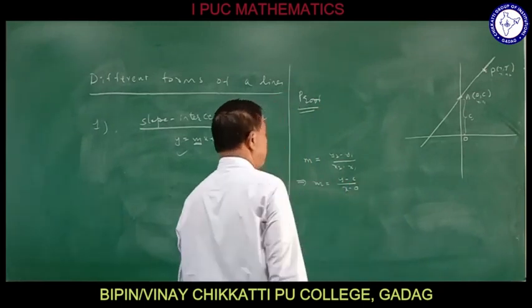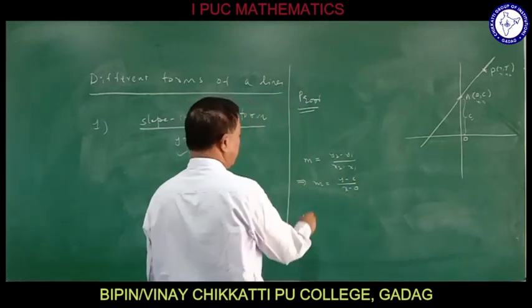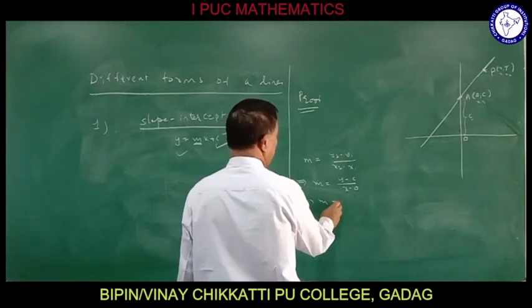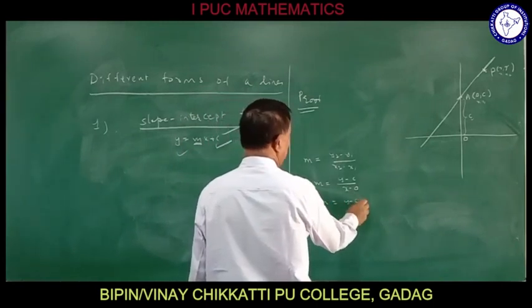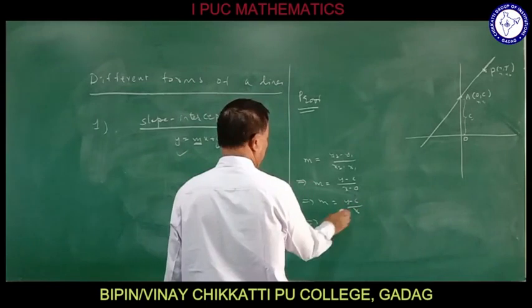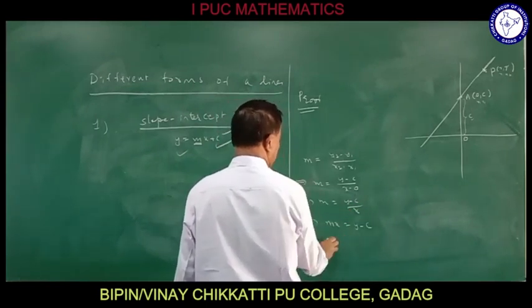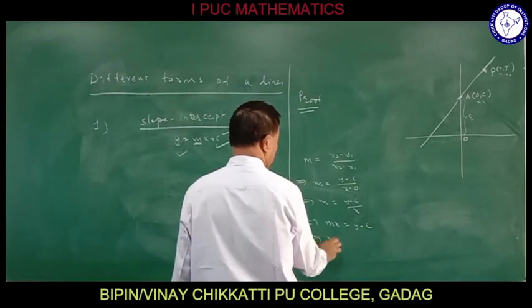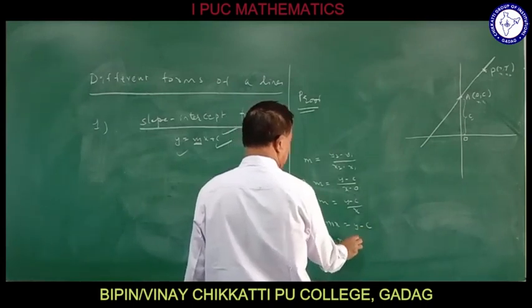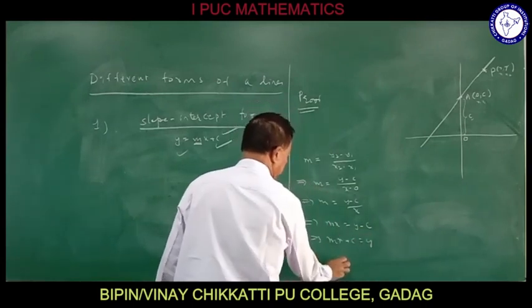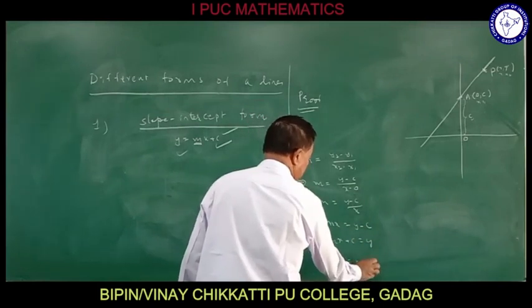See, x minus 0. Now m is equal to y minus c divided by x. Multiply by x: mx is equal to y minus c, and this implies mx plus c is equal to y. Therefore y is equal to mx plus c.